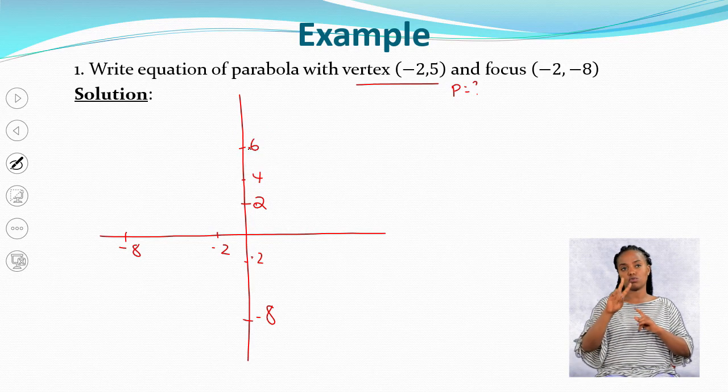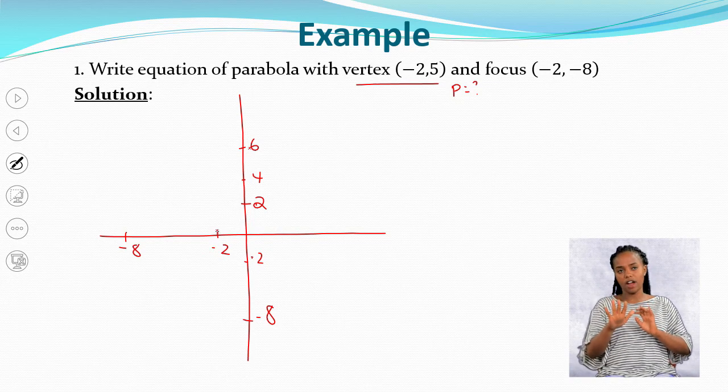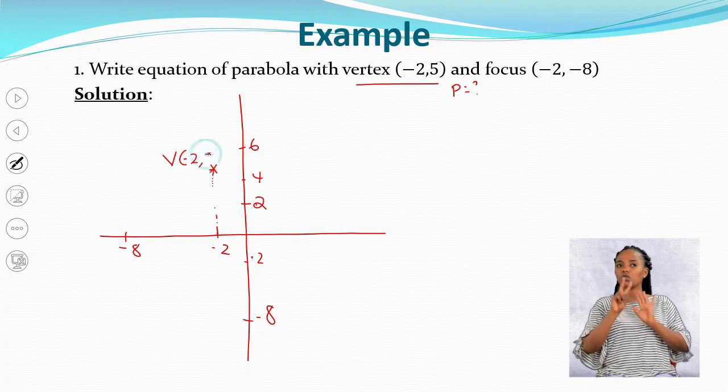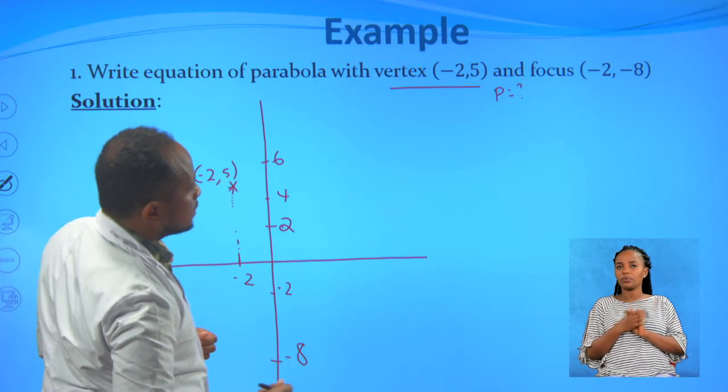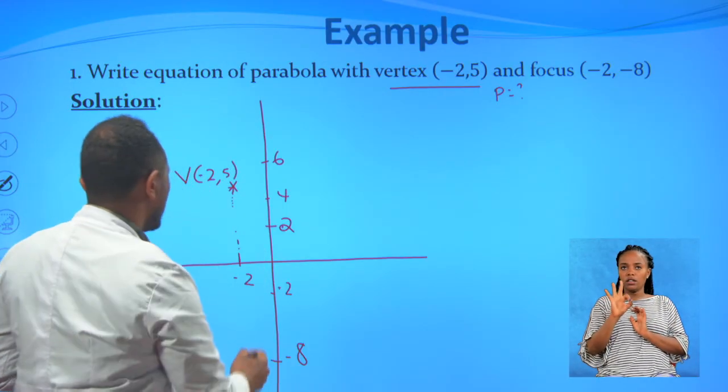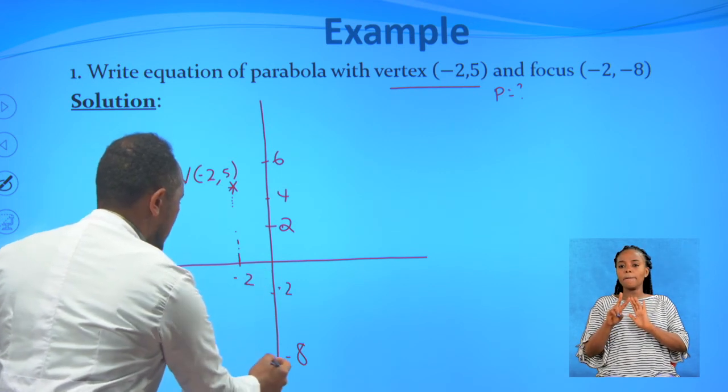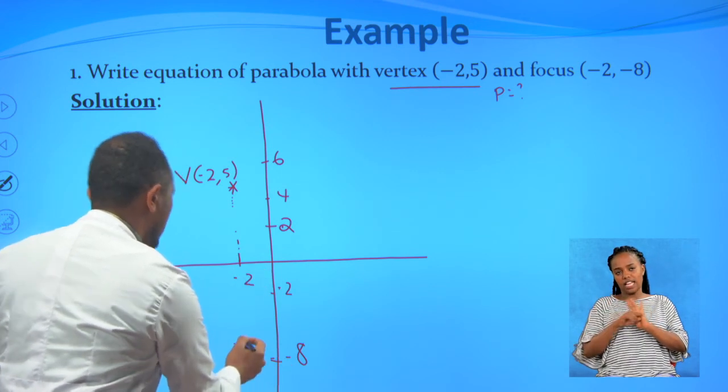Roughly sketching, negative 2, 5 is here. The vertex of our parabola is at negative 2, 5. And the focus is at negative 2, 8. The focus is here.